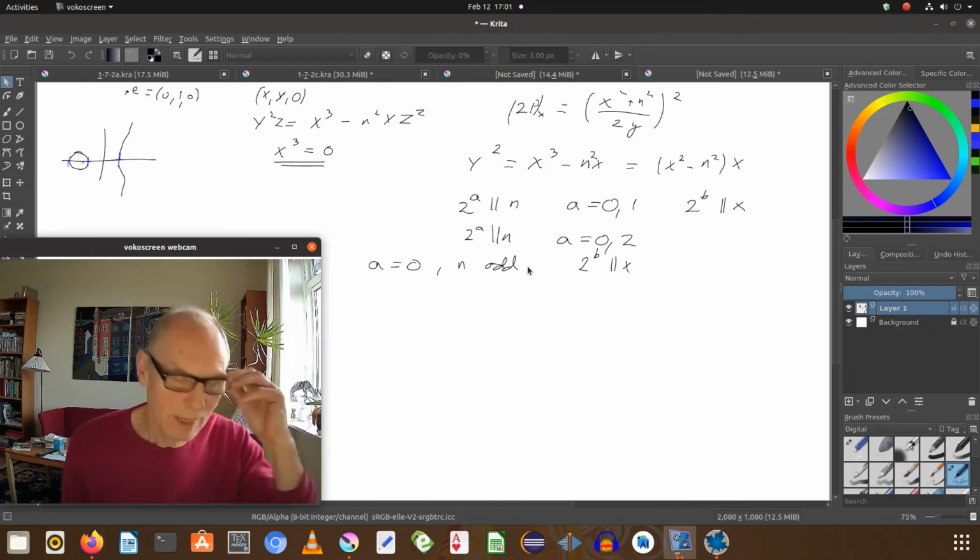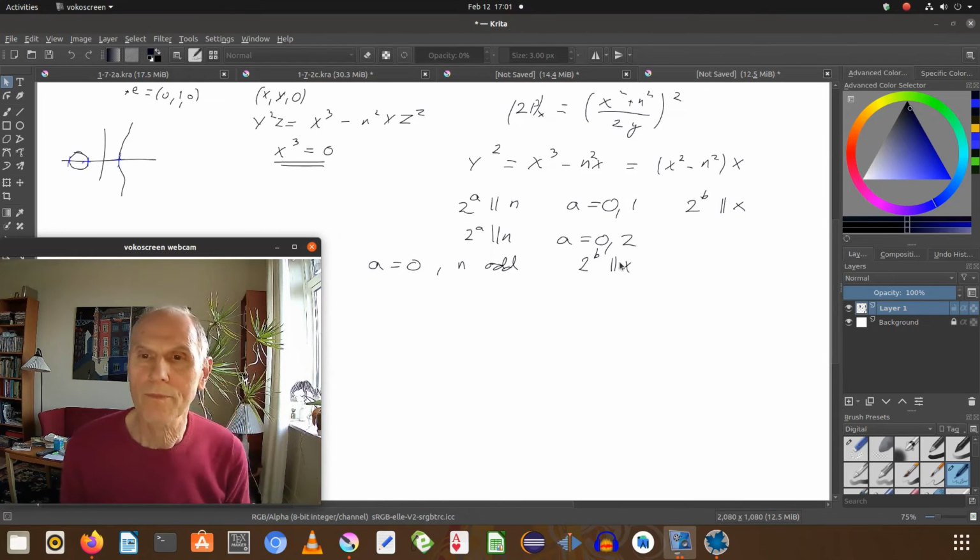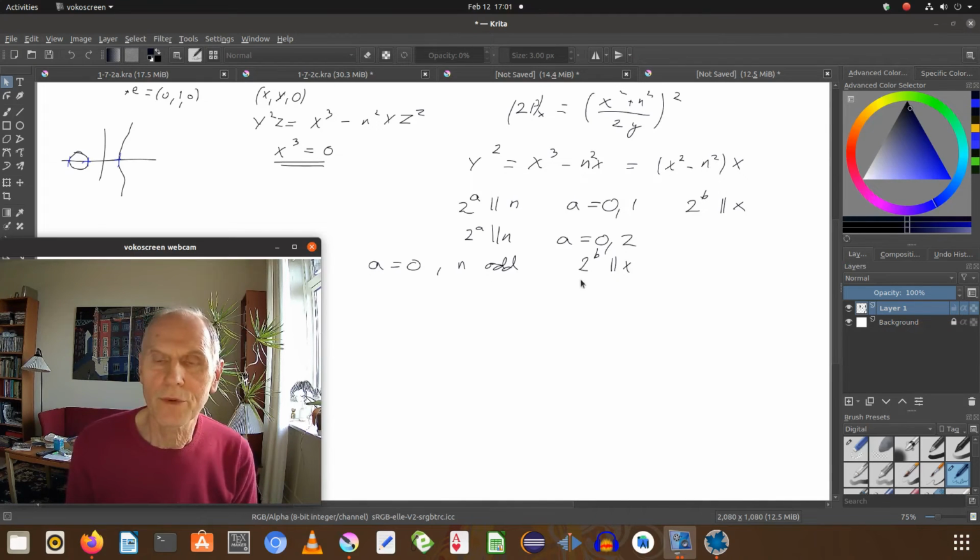Now, if n is odd and x is even, then this is odd. So this has the power 2 to the bth, and that means that some power of 2 occurs here.